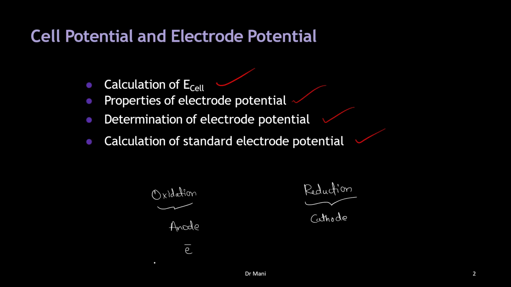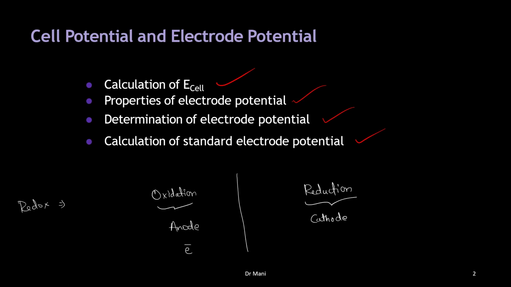Yes or no? Yes, sir. This is the half reaction. Redox reaction means the combination of oxidation and reduction. Whatever electrons are released at the anode will be utilized at the cathode. Yes or no?